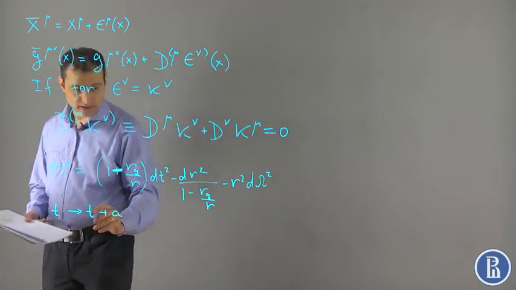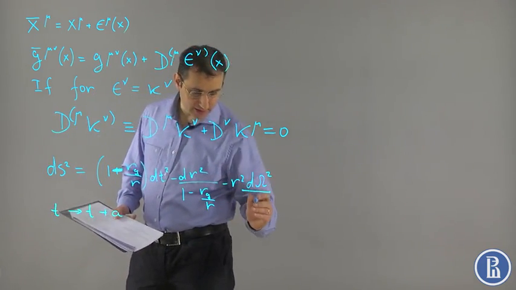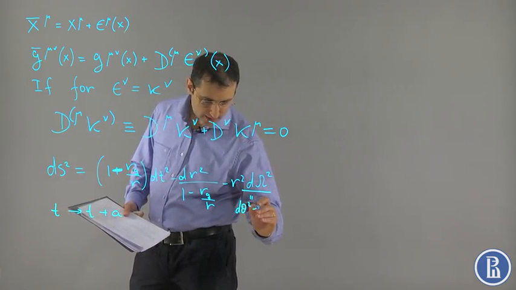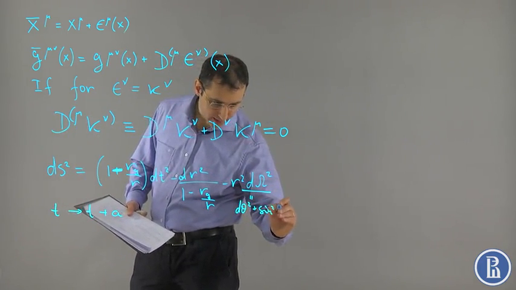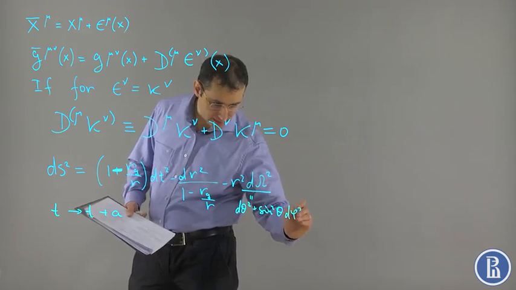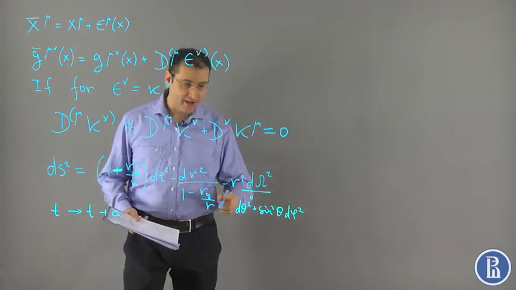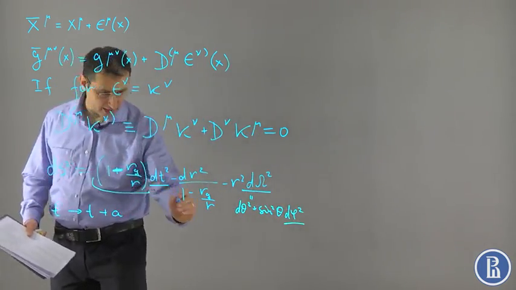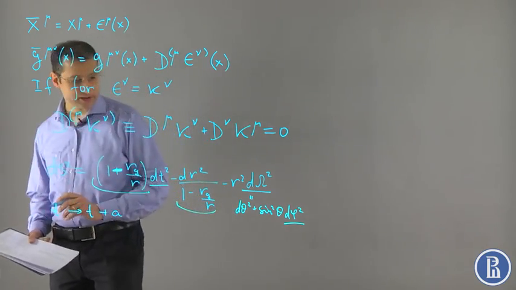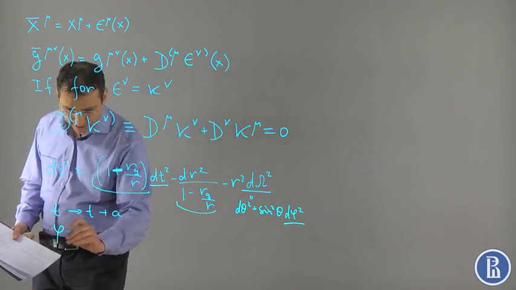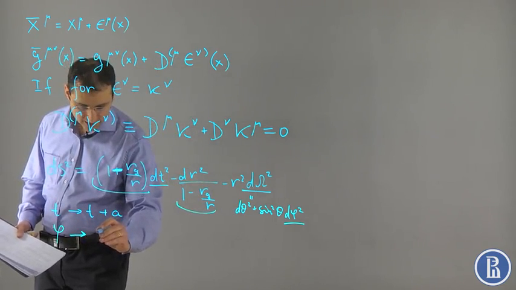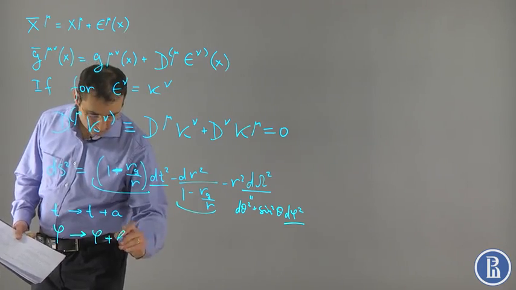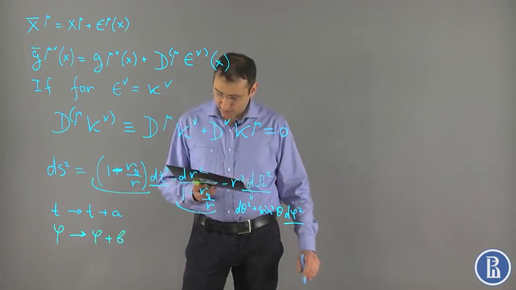And this is also independent of phi, because d omega squared is d theta squared plus sine squared theta d phi squared. So the components of the metric are not dependent on time and are not dependent on phi. So the metric is invariant under such transformations, for arbitrary a and b.